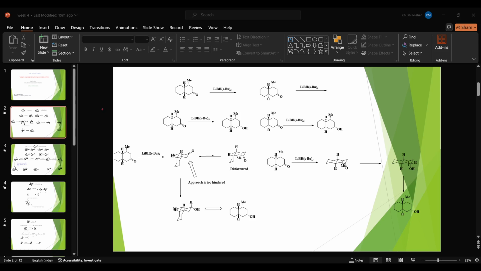But if it comes from the axial position, then it will cause only a 1,3 gauche interaction with the cyclobutane. If it comes from the equatorial side, then it will cause a diaxial interaction with the whole ring. That's why our above attack is much more feasible. The axial attack is much more feasible as compared to our equatorial attack.